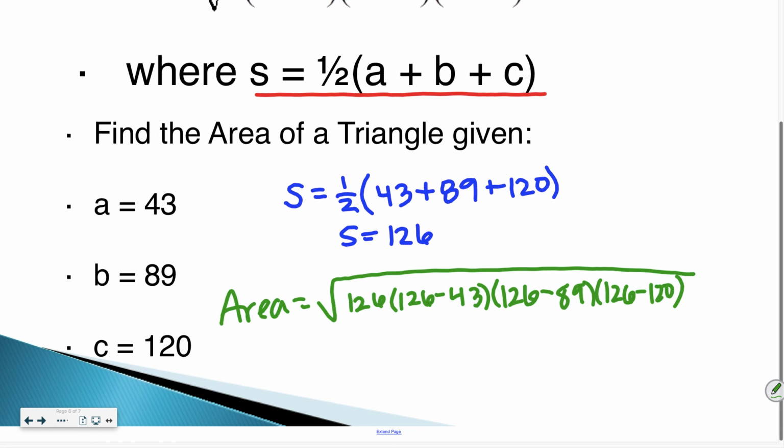Type it in like you see it. In our calculator, do the 3 parentheses need to be in 2 big parentheses? No, because everything is being multiplied, and a parentheses would assume that multiplication.